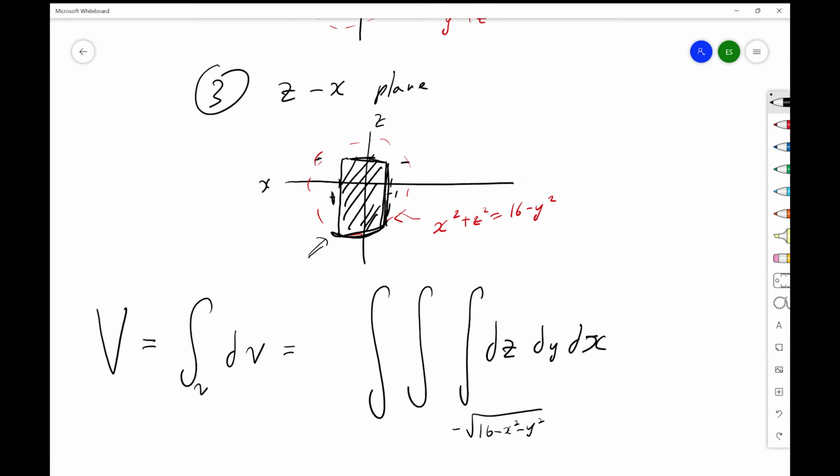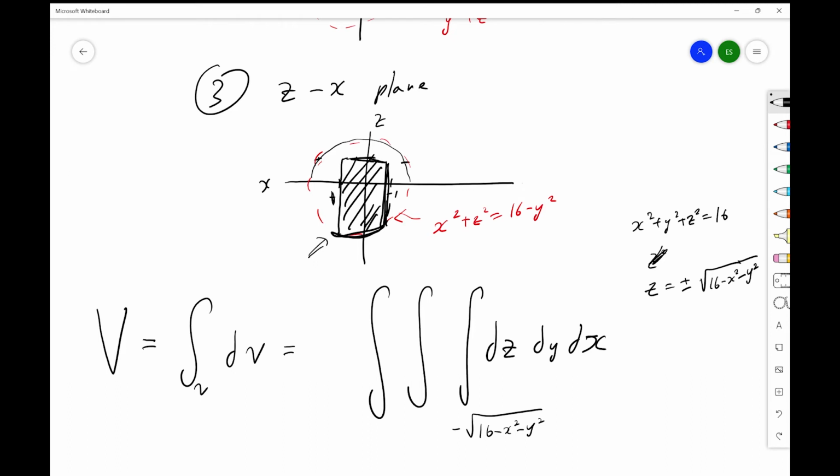That's from the equation of the sphere, x squared plus y squared plus z squared equals 16. Therefore z is going to be plus minus. It's going to have a positive part here and a negative part. So it's going to be plus minus square root 16 minus x squared minus y squared.